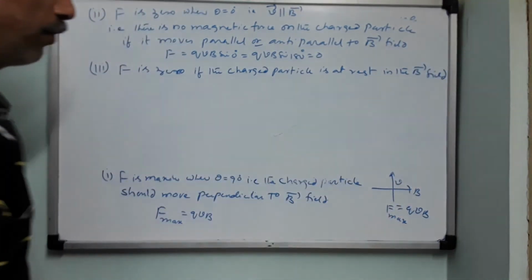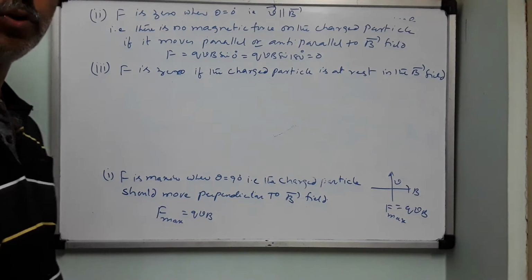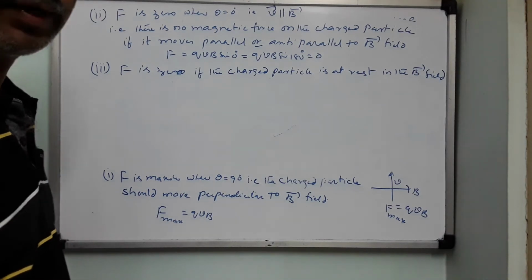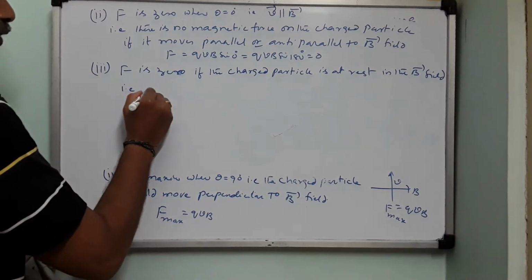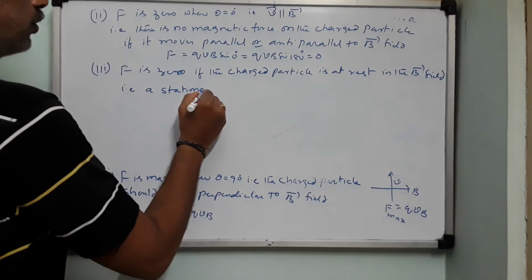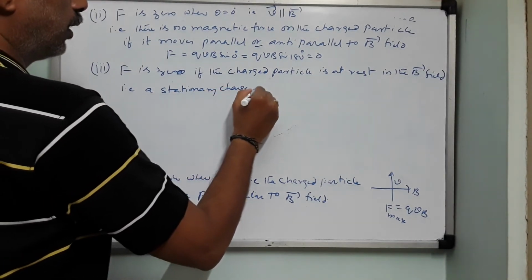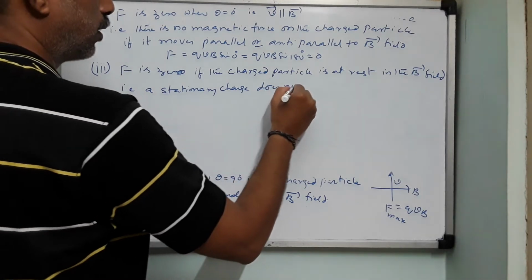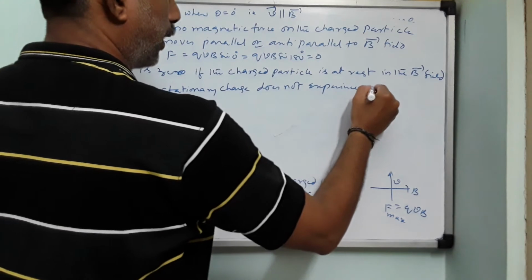In an electric field, definitely it will experience a force given by F equals to charge Q multiplied by electric field E. Okay, so a stationary charge does not experience magnetic force.